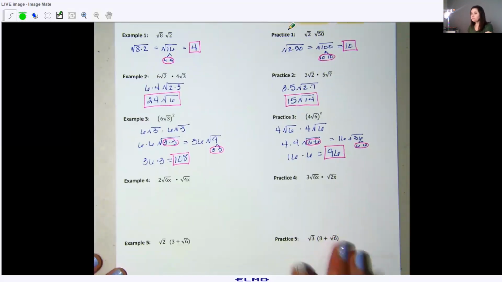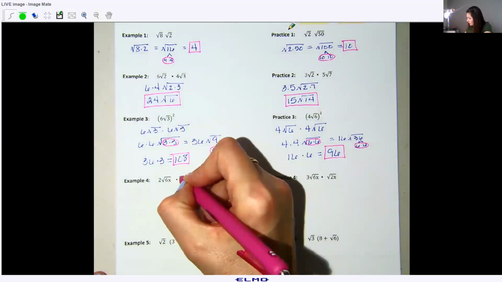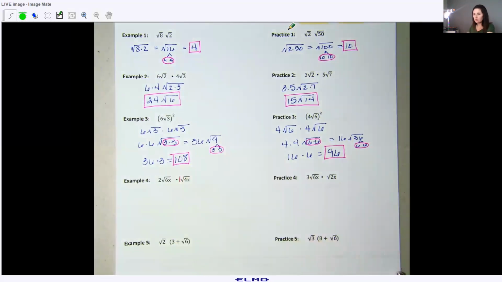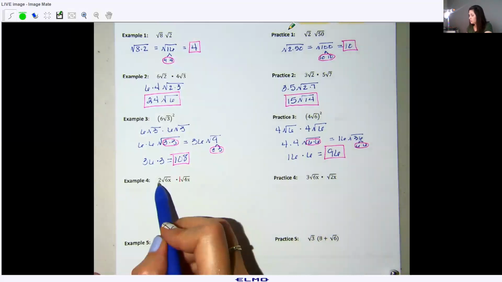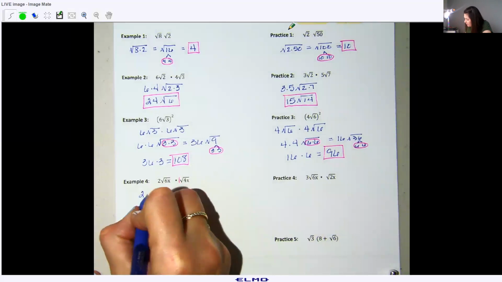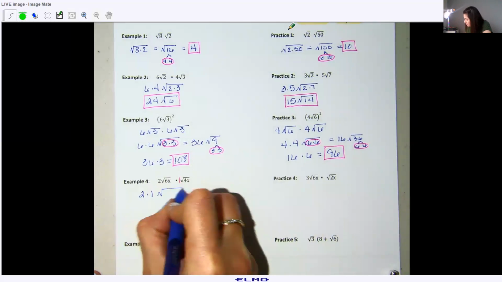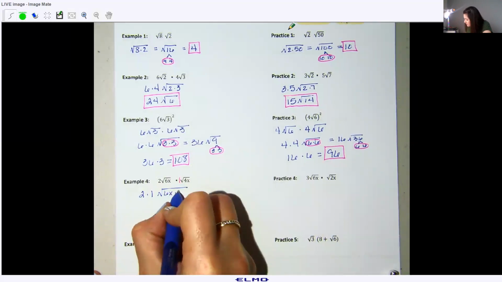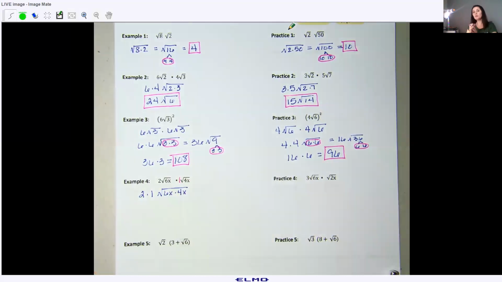Example 4. Okay, so we don't want to forget that there is the A1 here. When you're multiplying though, it really doesn't matter because 2 times 1 is 2, right? So we're gonna take 2 times 1, square root of 6x times 4x. Now don't forget the rules of exponents. When you're multiplying variables, you are adding their exponents.